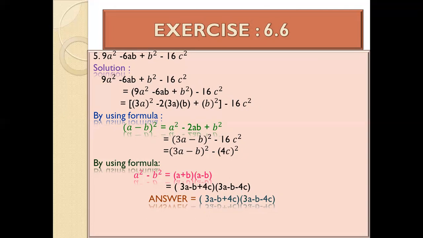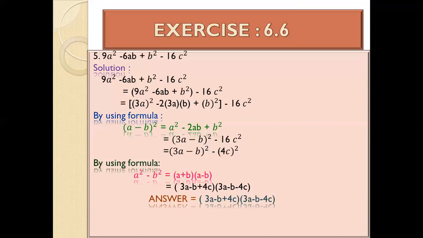Instead of a, you write (3a)² − 2 into 3a into b + b² − 16c². We convert the first three terms in the square form, (3a − b)², and we write 16c² as (4c)².